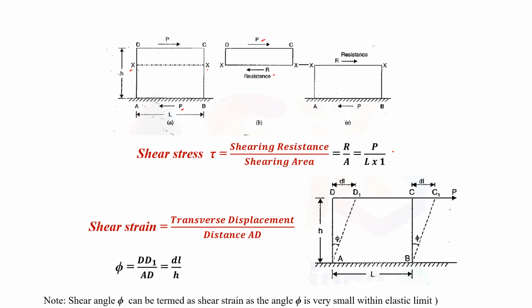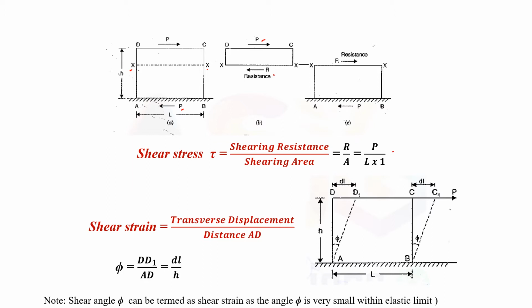Next we can get the expression for shear strain, that is the angular distortion. ABCD represents the initial shape, ABC1D1 is the deformed shape, and the angular distortion is phi. In order to obtain the angular distortion phi, we can consider the triangle AD1D. Then tan phi is equal to DD1 divided by AD. When phi is very small, tan phi is equal to phi.